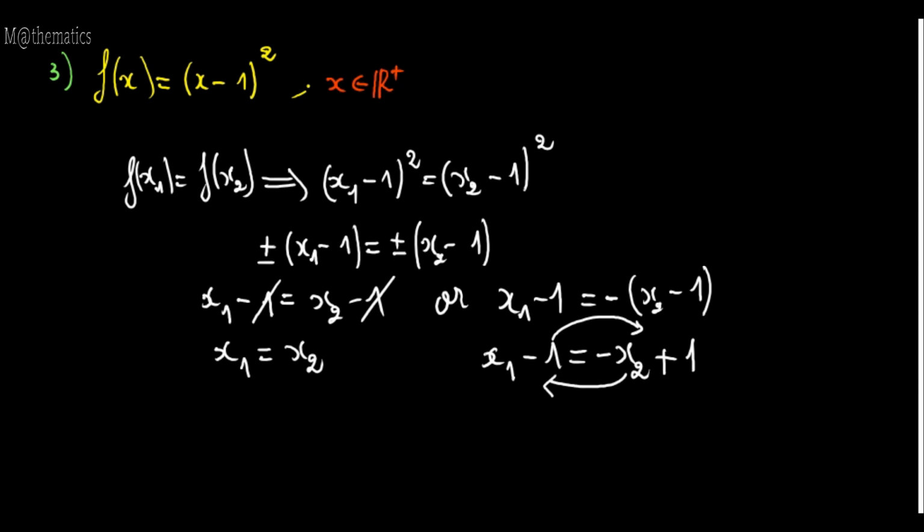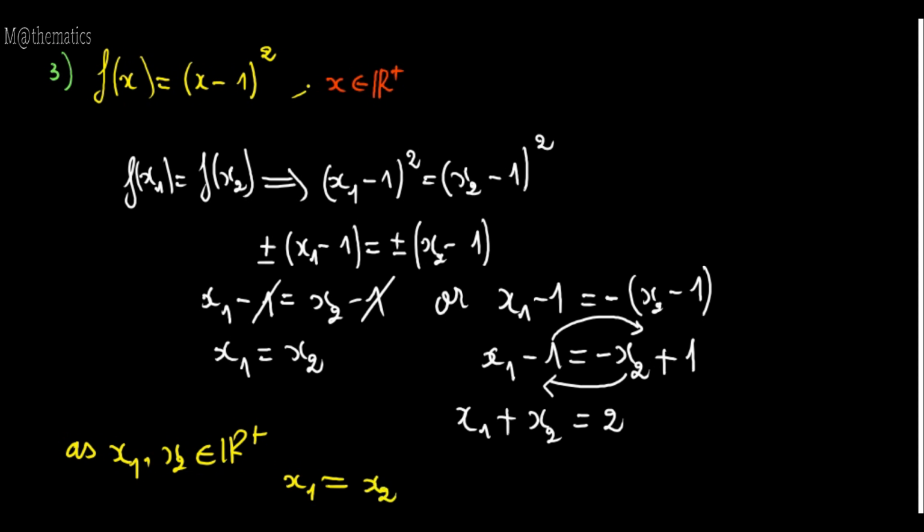So we get x1 plus x2 is equal to 2. As x1 and x2 are real positive numbers, we are going to conclude x1 is equal to x2. So we have proven that it is an injective function.